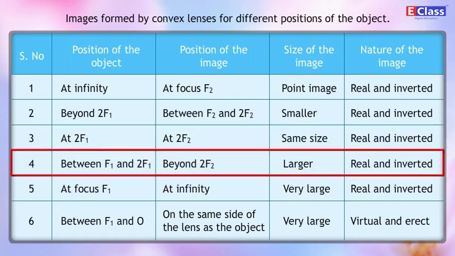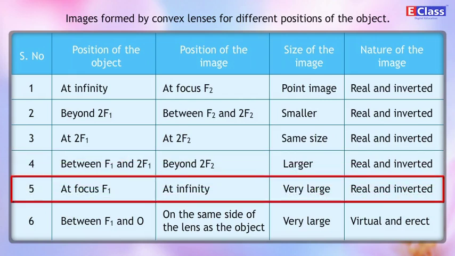4. Position of the object between F1 and 2F1, position of the image beyond 2F2, size of the image larger, nature of the image real and inverted. 5.